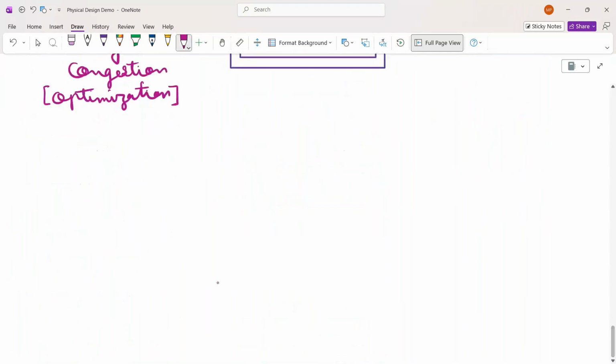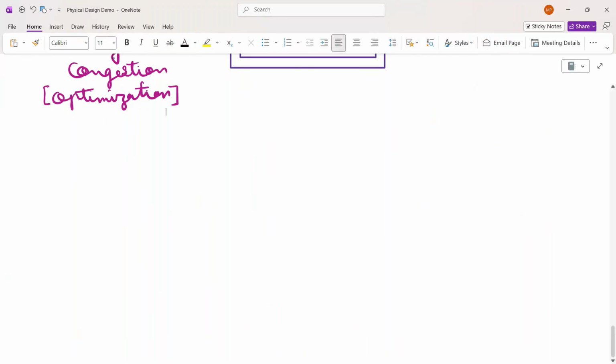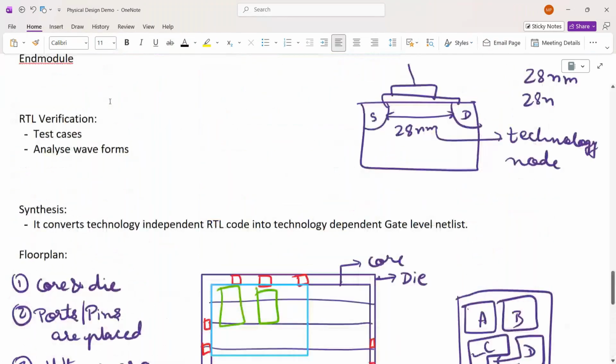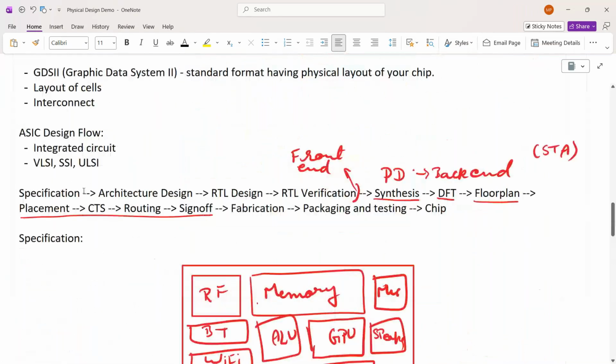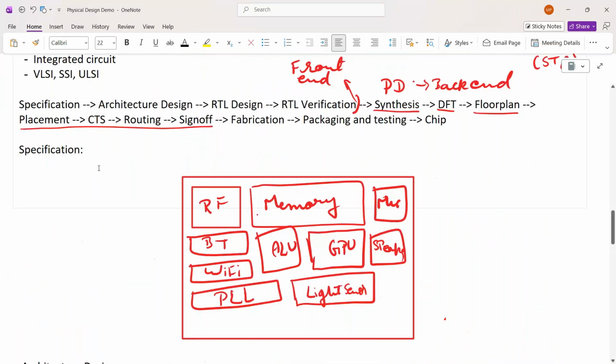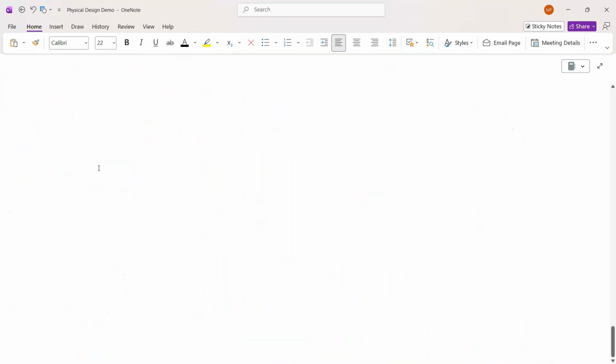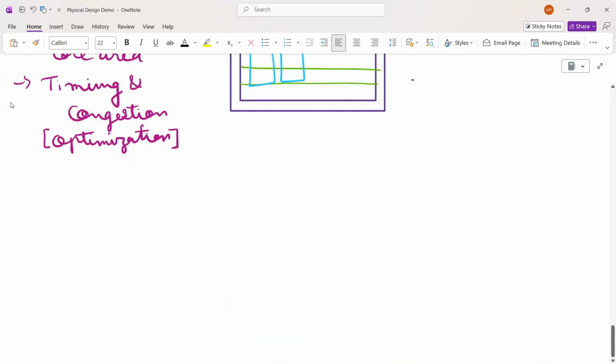Now, what is the next important thing according to you? The next is CTS, clock tree synthesis, right? There are a lot of sequential cells. We want those sequential cells to work, correct? To work, they require what? Clock tree synthesis.